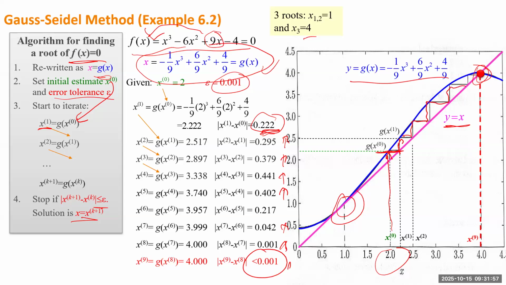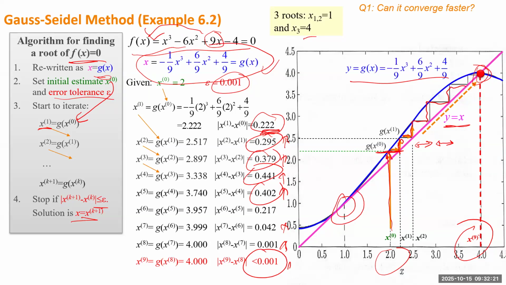You see the gap or the distance between each stair. That actually corresponds to how much you update those values. When you get closer to the third root, eventually it will converge there. So after the next iteration, you get a good enough root.